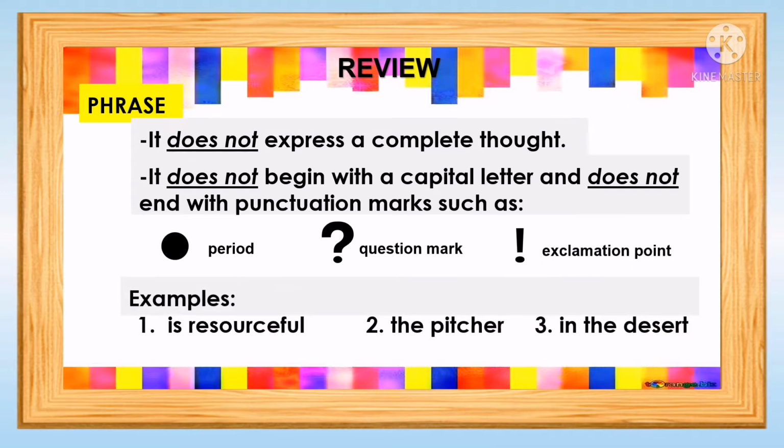Now let's have the examples. Number 1 is resourceful. Number 2, the picture. And number 3, in the desert. Now notice, kids, that these groups of words do not begin with capital letters and they do not have punctuation marks.